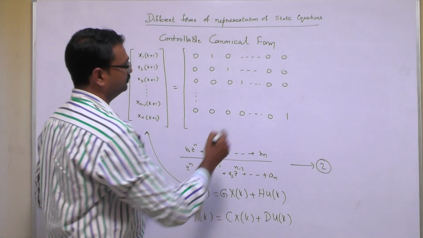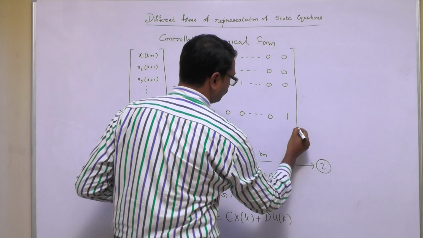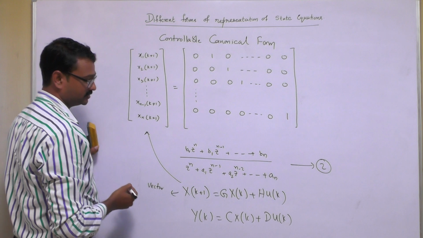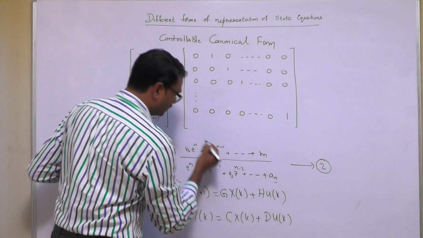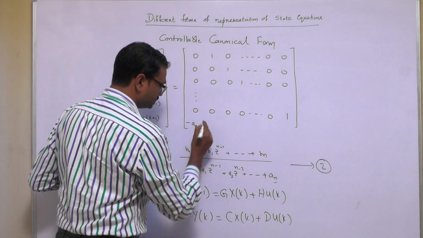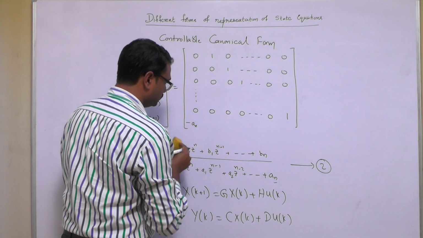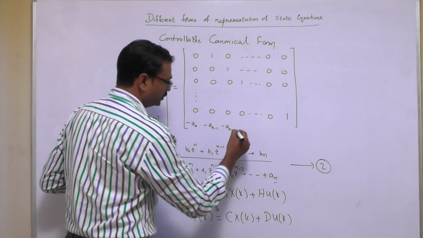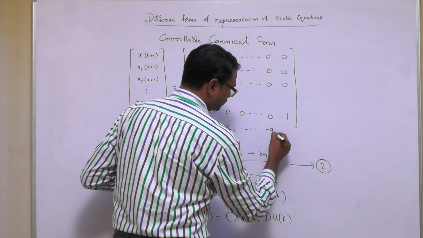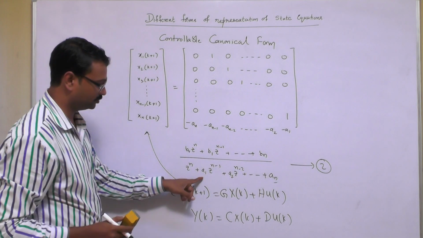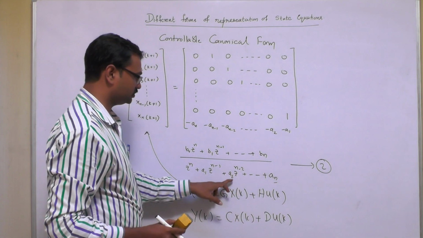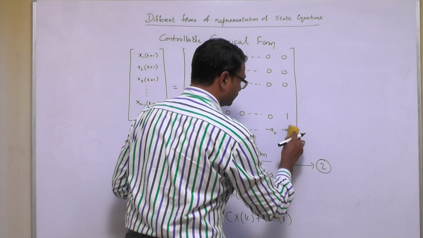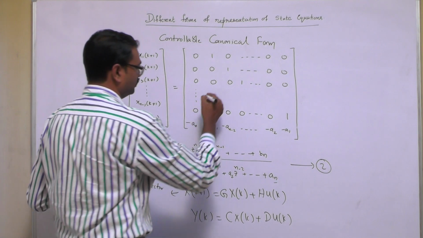Here in the last column you will have the values of the denominator of the pulse transfer function: minus an, minus an minus 1, minus an minus 2, so on up to minus a2, minus a1. So this is our system matrix A. Okay.